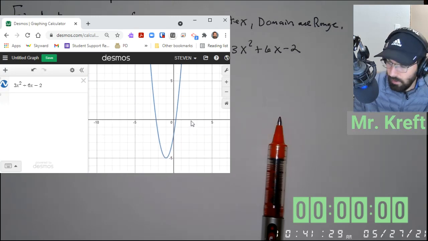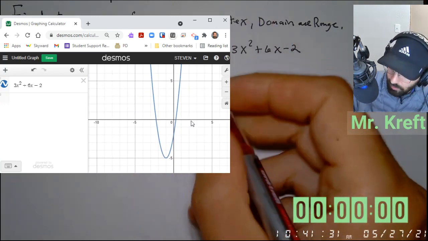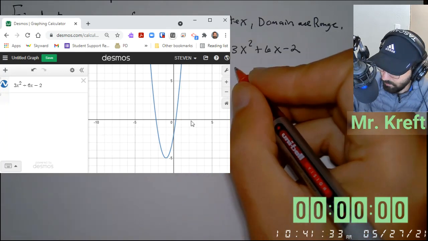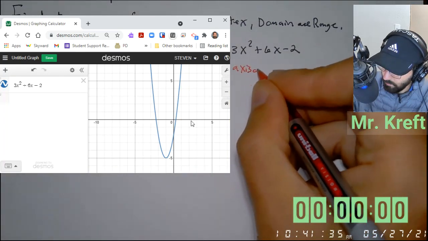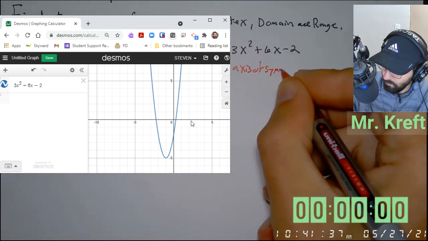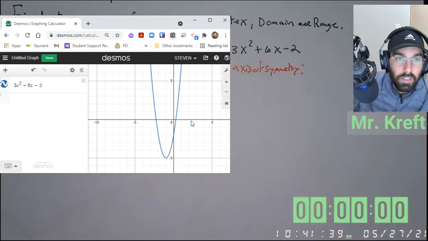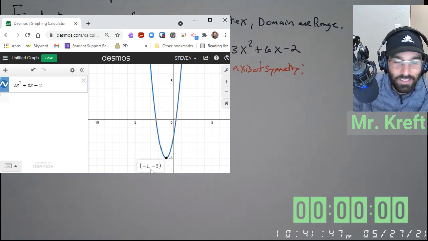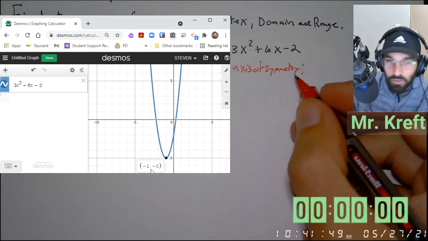Go like this. Okay, so the first thing I'm going to do is the axis of symmetry. That's where it's being split in half. And the pro tip here, I find the vertex first. Oh my gosh, it's -1, -5. I just made -5.